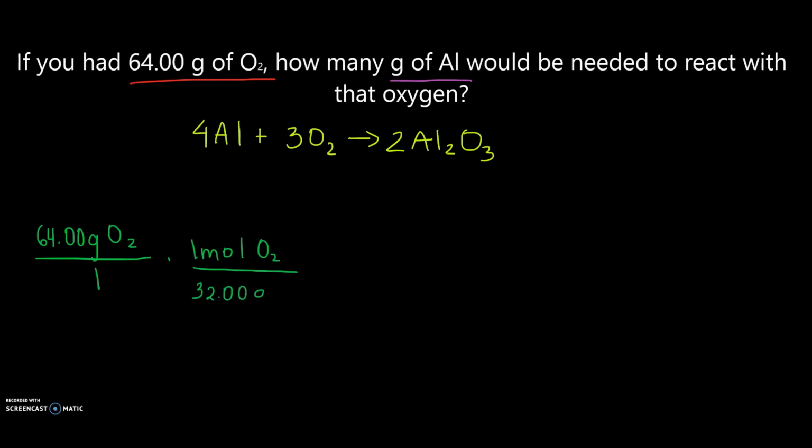And then we will be multiplying it by the molar ratio of Al to O2. So we are given 4 moles of Al in the reaction from the previous balanced reaction over 3 moles of O2.